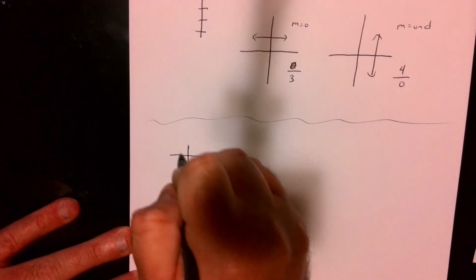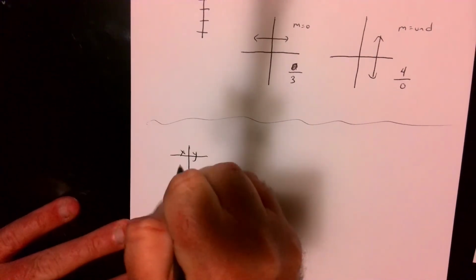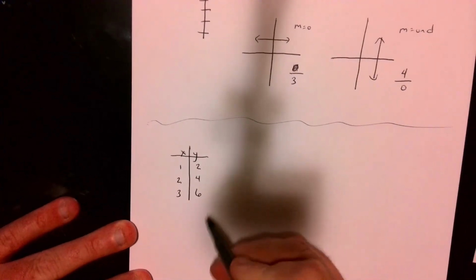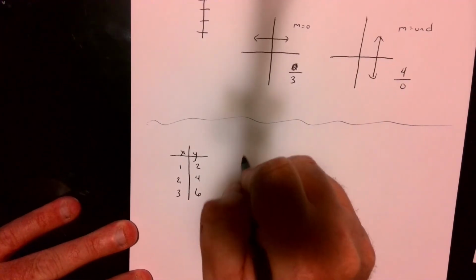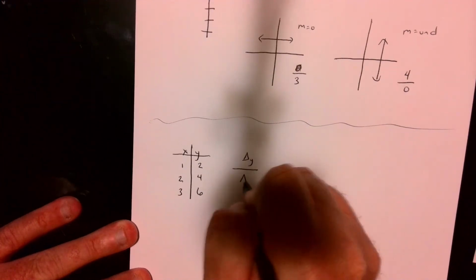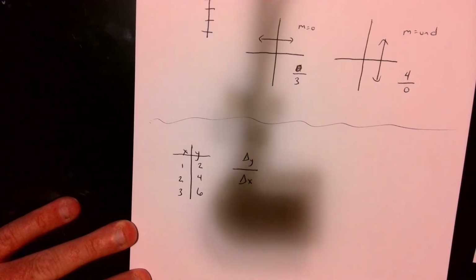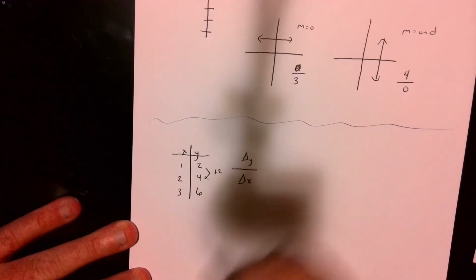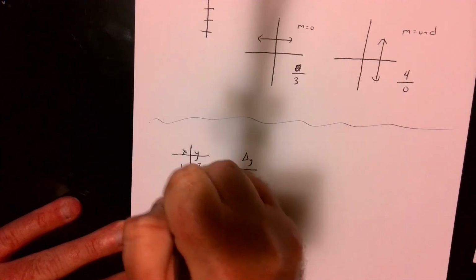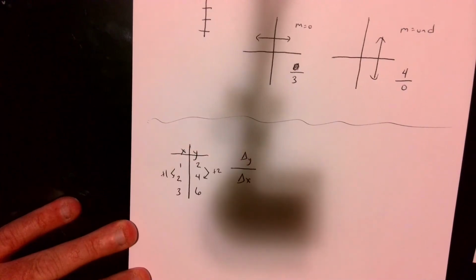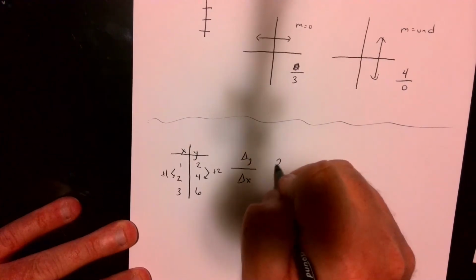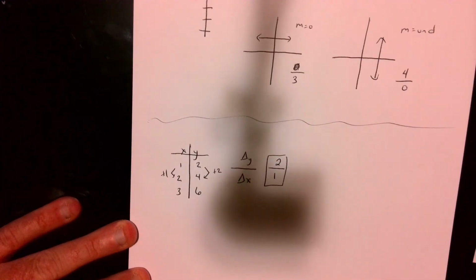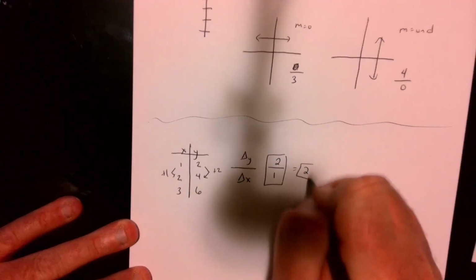You'll be given some of these today too. So if you had this situation for a table, this we called the change in y over the change in x. If we look on the y side, we have a change of adding 2. And on the x side, we have a change of adding 1. So our change in y was a positive 2, and our change in x was positive 1. So our slope is 2/1, or once again, just 2.